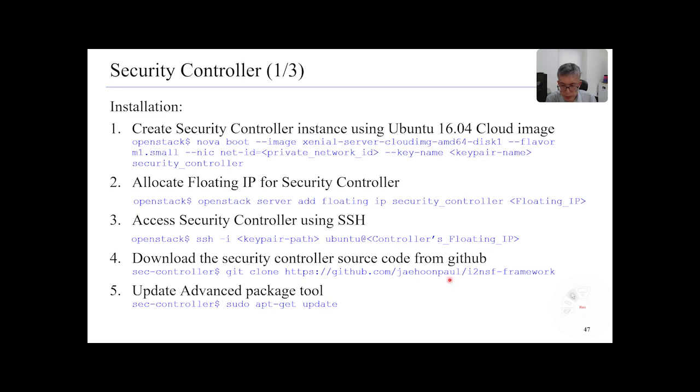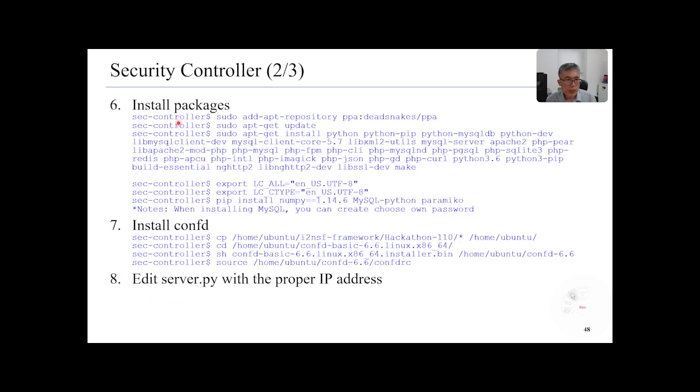So from our I2NSF framework project, you can download source code, and update advanced package tool using sudo apt-get update, and then install packages using this command, and install ConfD. Using this ConfD, you can use NETCONF protocol, and edit the service Python file with proper IP addresses.